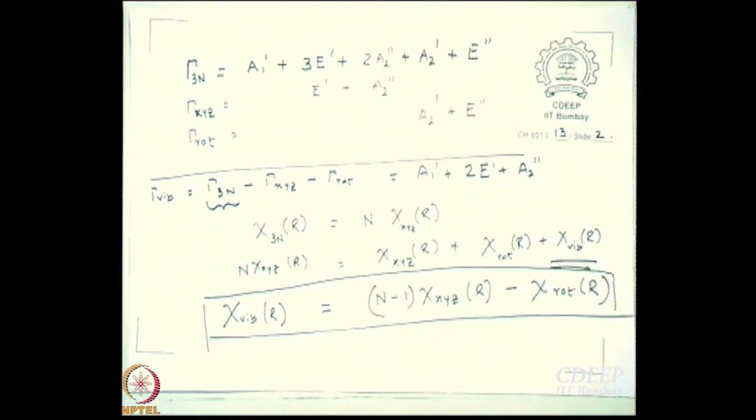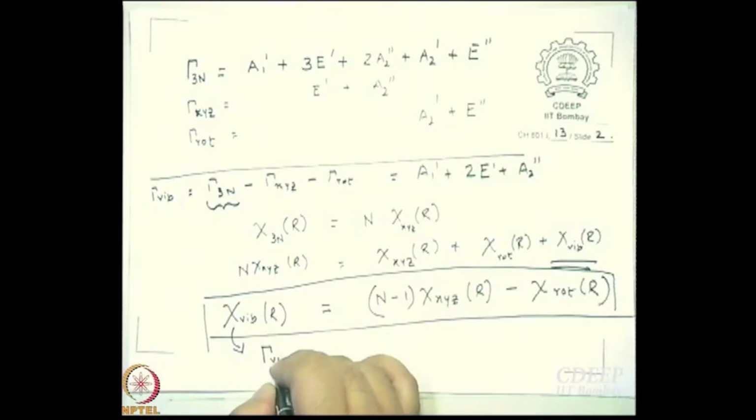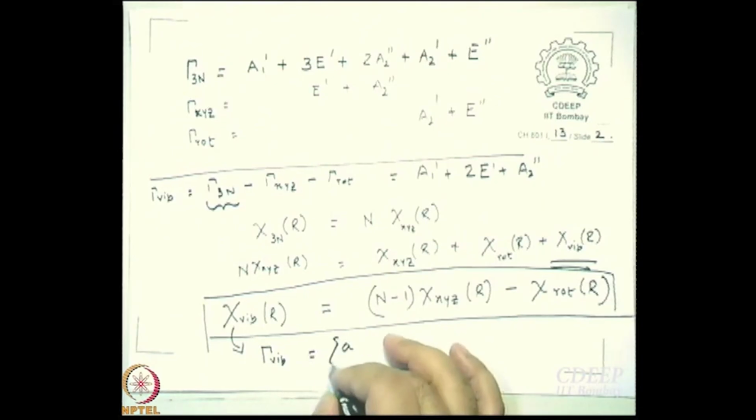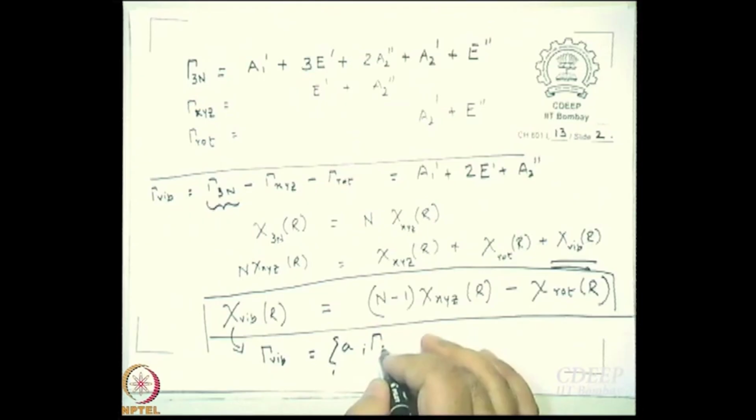Understood what I am saying? So all these chi r's is going to give you gamma vib, then you decompose it into sum over i, ai, gamma i. All right, looks good.